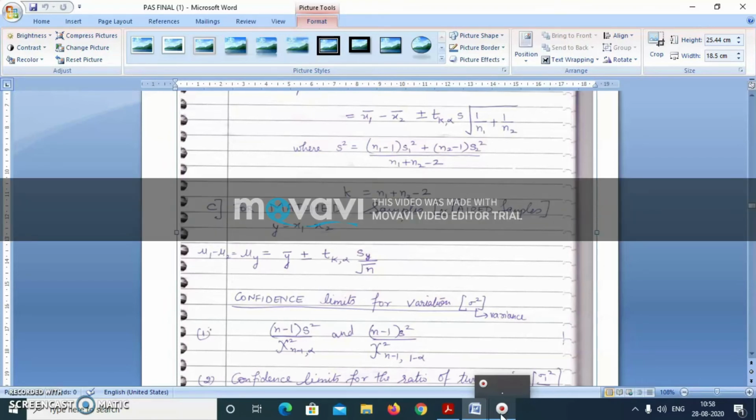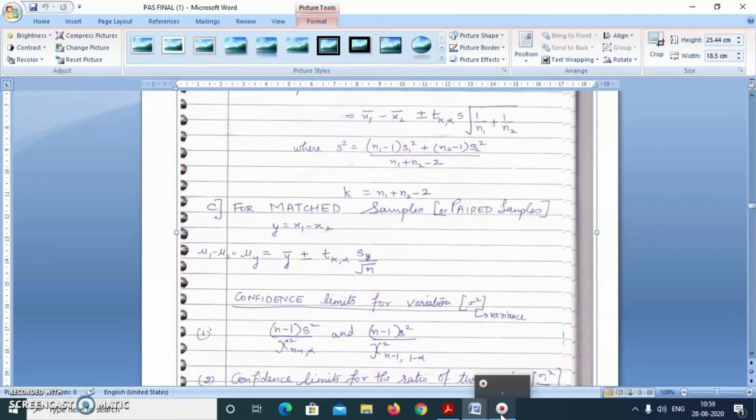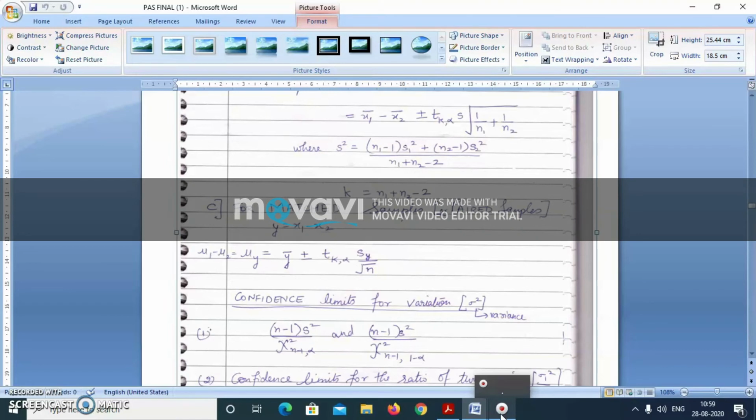That means roll number 1 marks in first year and roll number 1 marks in third year we are trying to compare. So there is some sort of connection in the readings in the data given. That is called matched sample or paired sample. You need to identify in the question whether a matched sample or an independent sample is given. Accordingly, you will apply the different formulas.